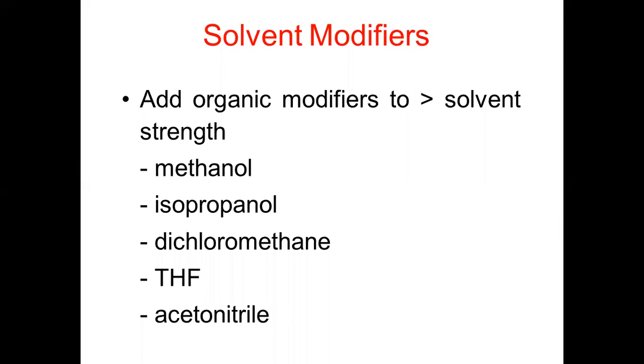So when you mix these types of compounds with supercritical carbon dioxide or ammonia or N-butane or alkane or halocarbons or xenon, the organic modifiers will increase the solvent strength. Therefore, in the eluotropic series, the elution capacity of the mobile phase with respect to the analyte will be enhanced. Therefore, the solvent strength will become greater when you mix the fluid with organic modifiers such as methanol, isopropanol, dichloromethane, tetrahydrofuran, and acetonitrile.